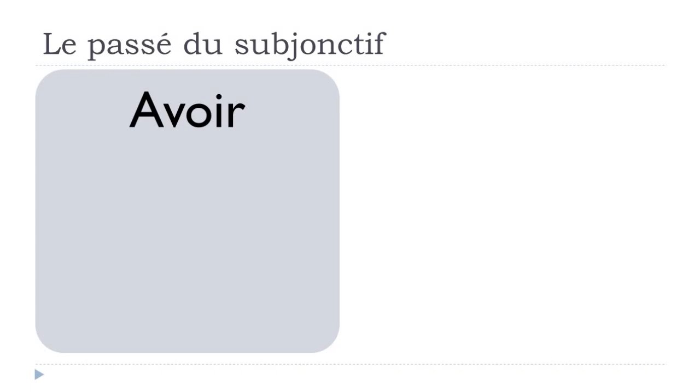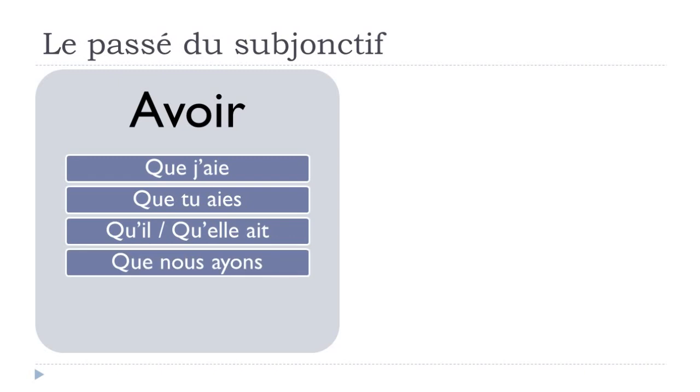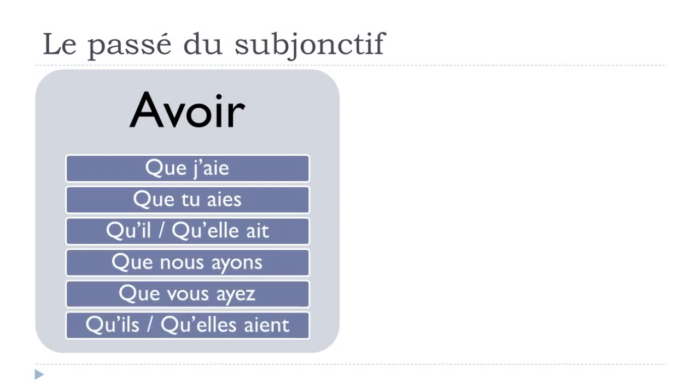And so avoir goes like que j'aie, que tu aies, qu'il ait, qu'elle ait, que nous ayons, que vous ayez, qu'ils aient, qu'elles aient. All right, so remember one more time.